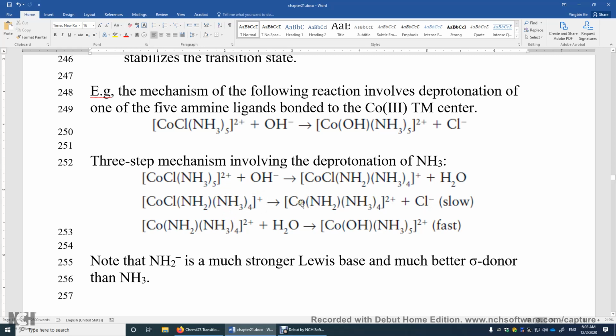The mechanism is dissociatively activated because this step, the dissociation step, is the slowest step. Okay? But the formation of this NH2- ligand helps accelerate this slowest step, only because this NH2- is a much stronger Lewis base and also a much better sigma donor than ammonia.